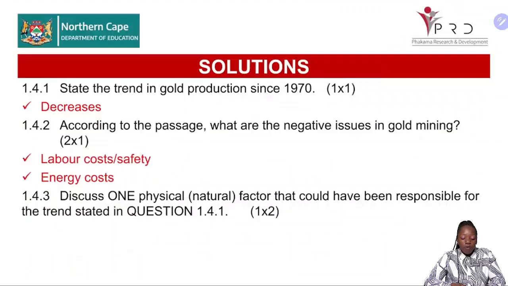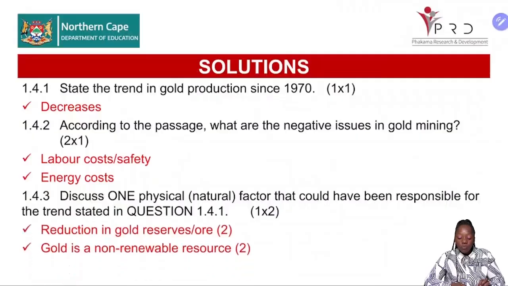Then your 1.4.3, you discuss the one factor, which is the natural factor, that could have been responsible for the decreasing trend. So number 1, we are looking at the reduction of gold reserve or ore. Remember, gold is a natural raw material, or a natural mineral.